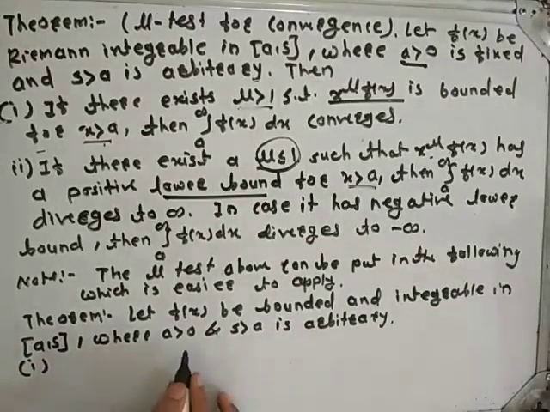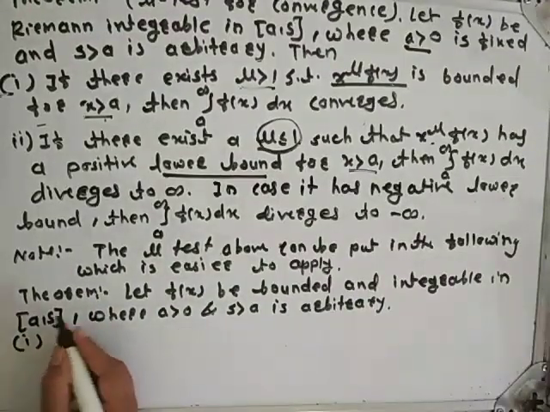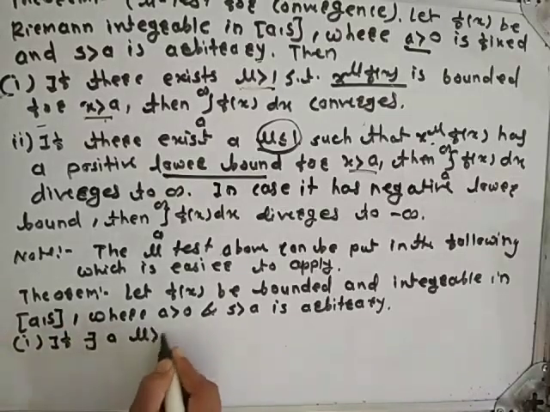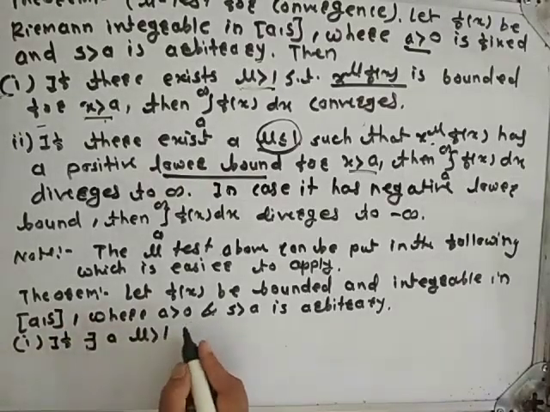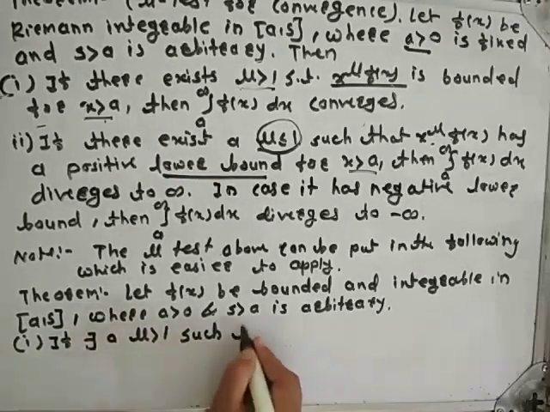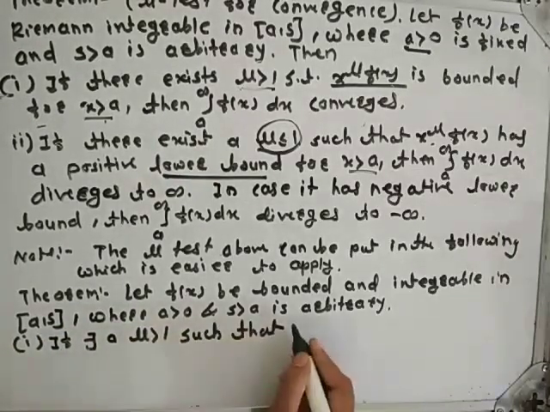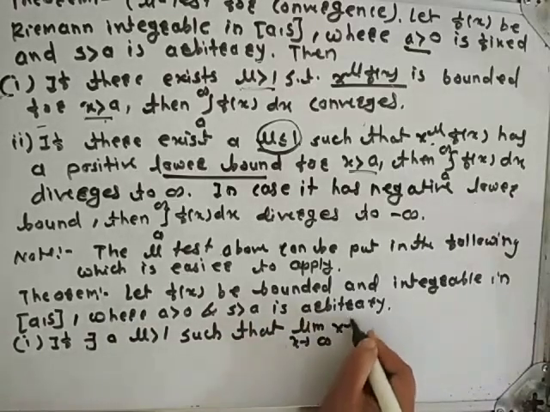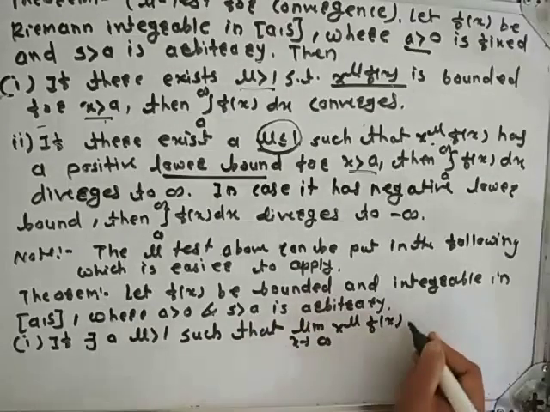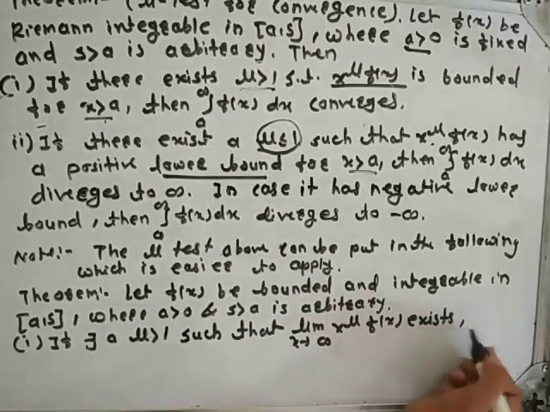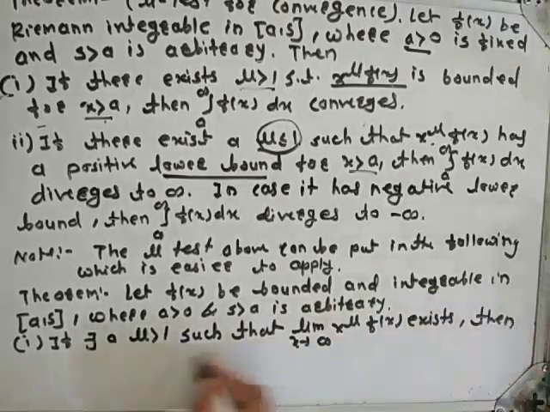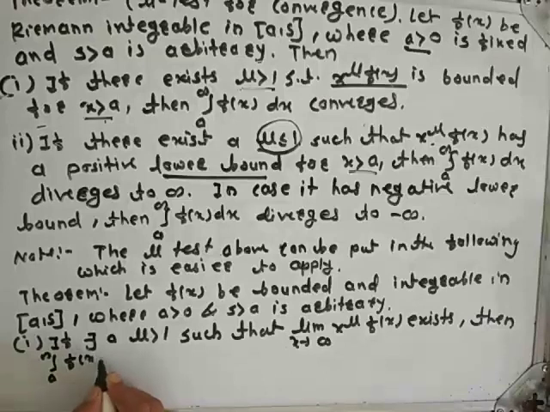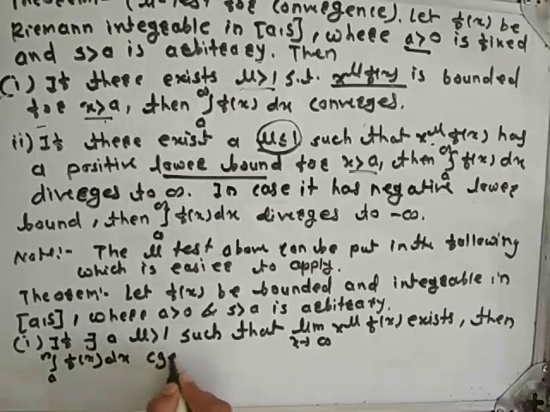What is the first condition? If there exists a mu which is greater than 1 such that the limit x tends to infinity of x raised to mu f of x exists, then integration from a to infinity f of x dx converges.